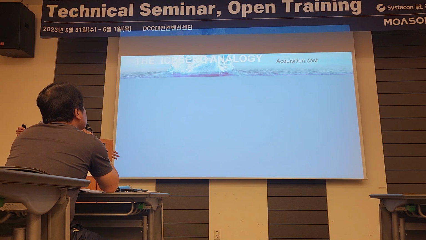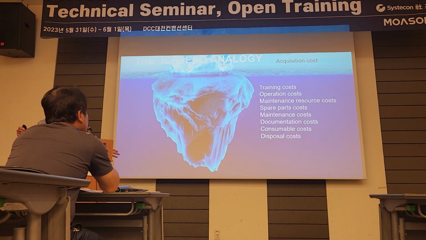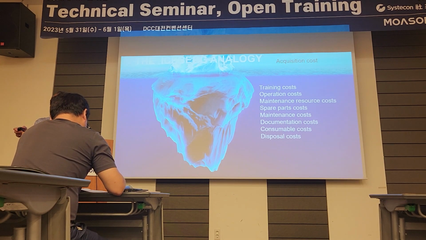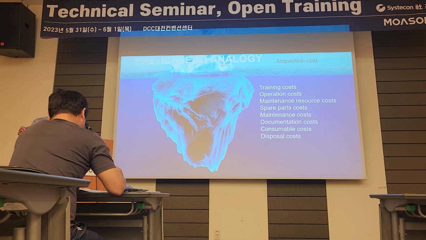But what you don't see at that point in time are all the hidden costs: training, operation, maintenance, spare parts, documentation, etc. So it's only the tip of the iceberg that you see when you go to the shop to buy the system. And yet, it is quite common that the system offering the most competitive price for buying the system is getting the deal, because we have not considered all these other elements.